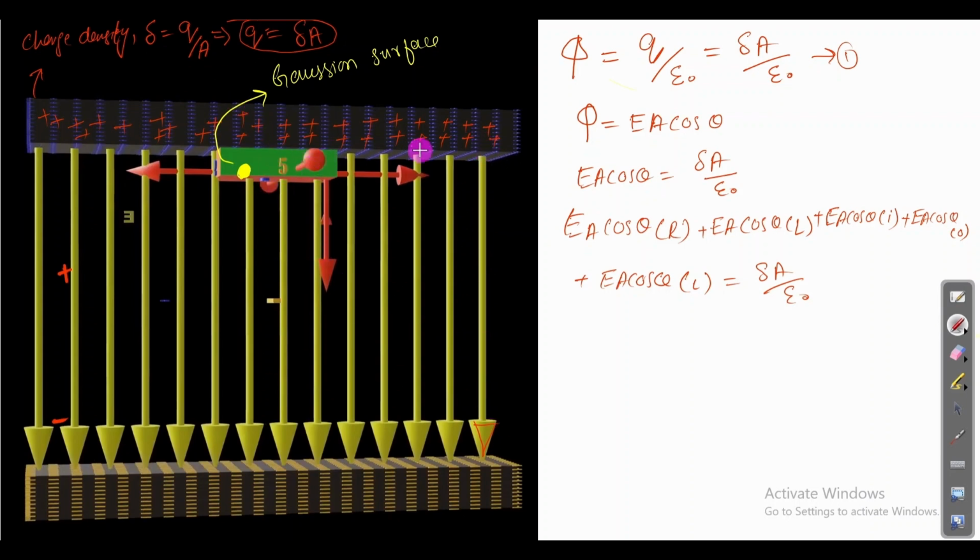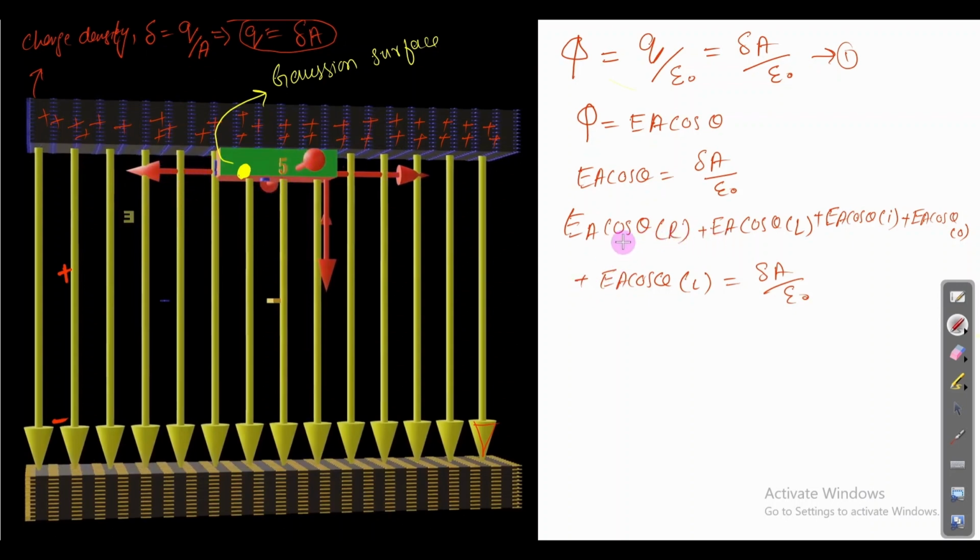The direction of the area is perpendicular to the surface, so it is outward from the screen, and at this side of the box the direction of the area is toward the right side. Similarly, at each side the direction of the area is perpendicular to the surface.